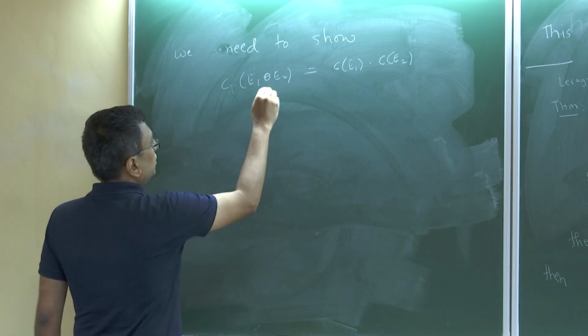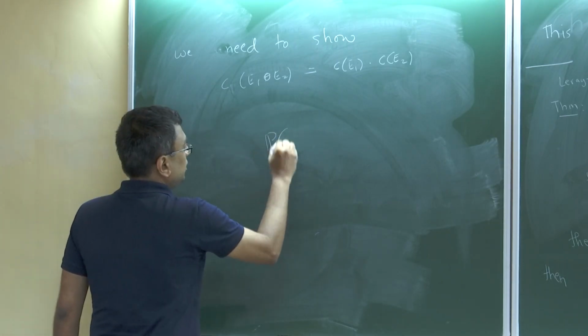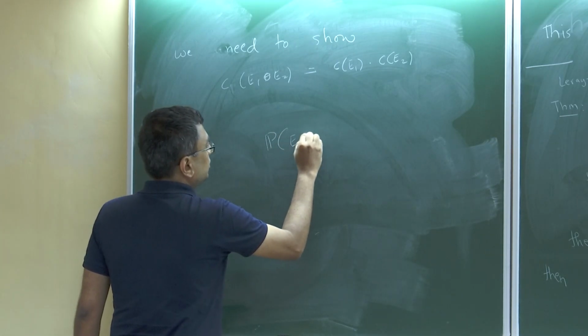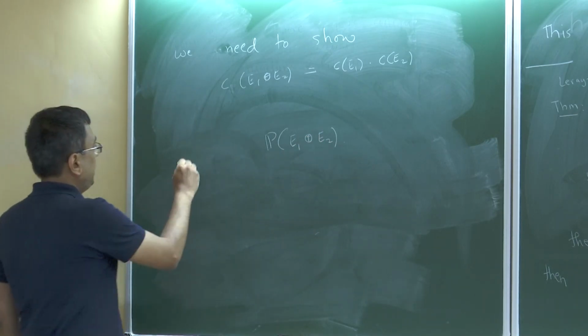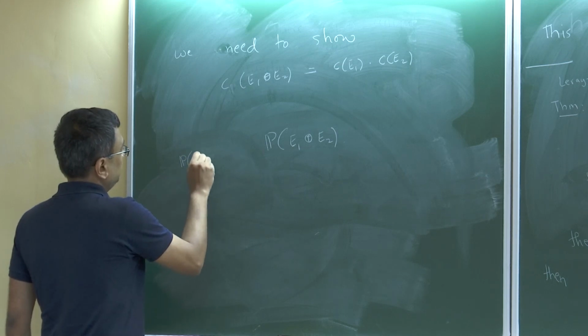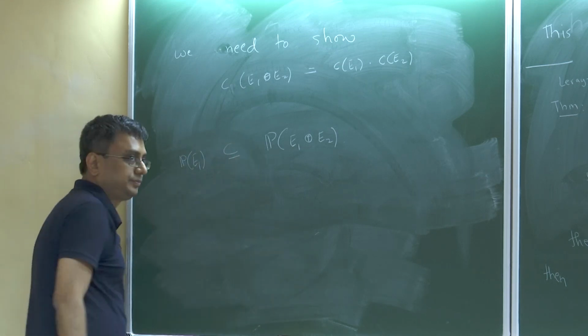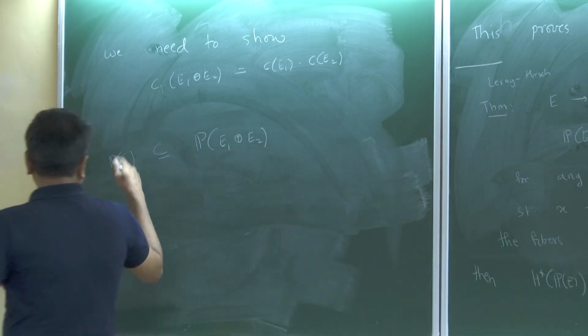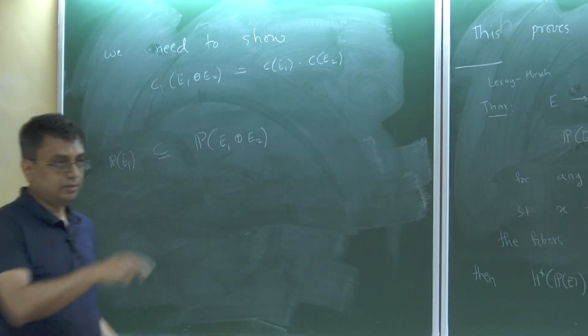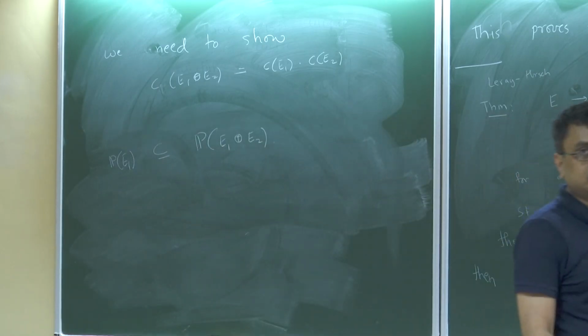So now let us look at the projectivization of E1 direct sum E2. Inside this I have the projectivization of E1, because fiber-wise the points of the projectivization of E1 direct sum E2 are lines of E1 direct sum E2, and for the projectivization of E1, for every fiber, its points are lines of the fiber of E1 over that point, right?